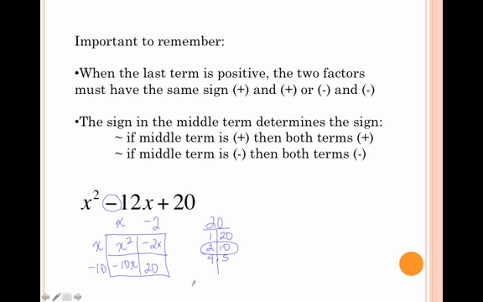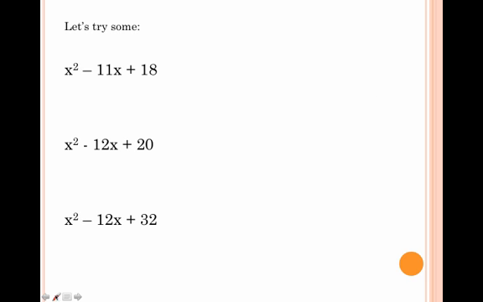Okay, so let's go back and see what I get. That factors to x minus 2 and x minus 10. And in fact, I would get x squared minus 12x plus 20, because these two negatives would give me a positive 20. So let's try another one together, and then you'll be on your own.